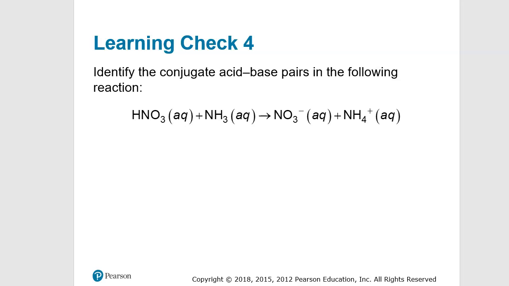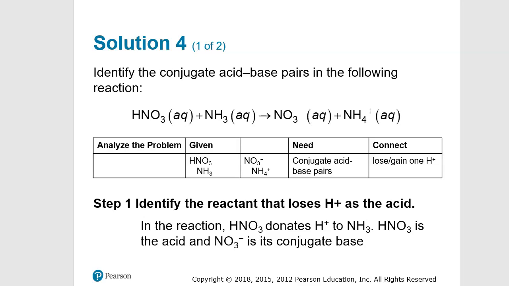Well, nitrate is related to nitric acid by only a proton transfer, and ammonia is related to ammonium only by a proton transfer. So the acid and conjugate base pair is going to be nitric acid and nitrate. The ammonia is a base, and the base conjugate acid pair is going to be ammonia and ammonium ion. And you see they give you the steps on doing this. It's a kind of longer way of explaining all this stuff.